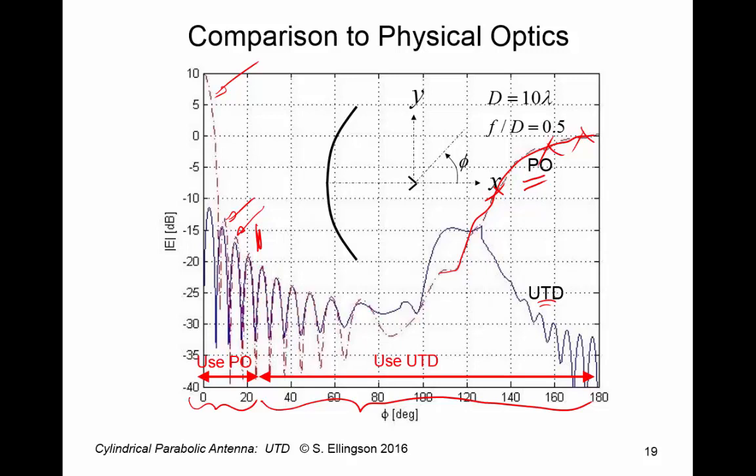So you weight physical optics more heavily here and less heavily here, and UTD vice versa. But if you're doing weighting or stitching together of solutions, the results are typically not that much different. The key idea here is simply to know that physical optics is the way to go here, and UTD is the way to go here. And when I say physical optics, by the way, you could just as easily use GOAI, geometrical optics aperture integration, or some other method that properly does the main lobe.